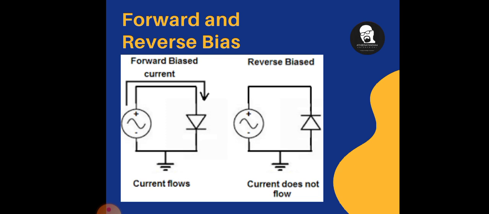So whenever we give such connections, holes from the p-type semiconductor gain external energy from the battery, as well as electrons from the n-type semiconductor gain external energy from the negative terminal of the battery.